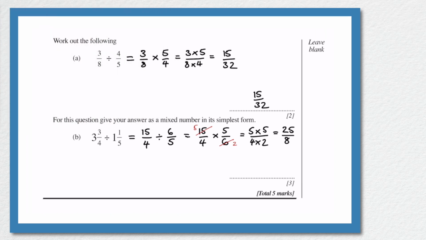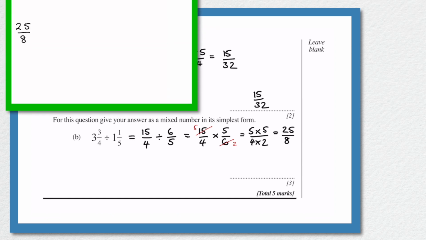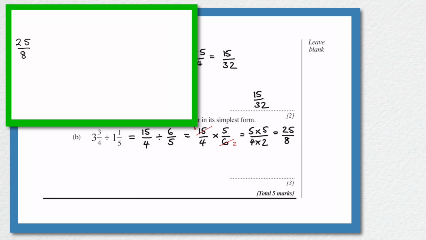So the final thing we need to do is rewrite the answer as a mixed number. We are dealing with eighths. So I'm thinking of the 8 times table, and that each whole number is 8 over 8, or 8 eighths. We want to get up to, but not beyond, 25, as there are 25 eighths.